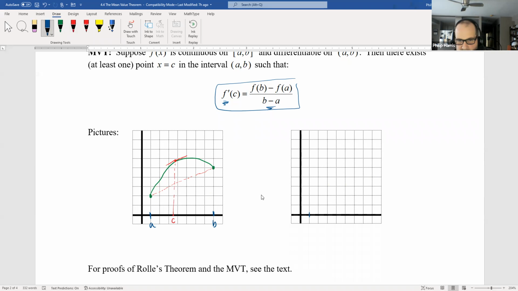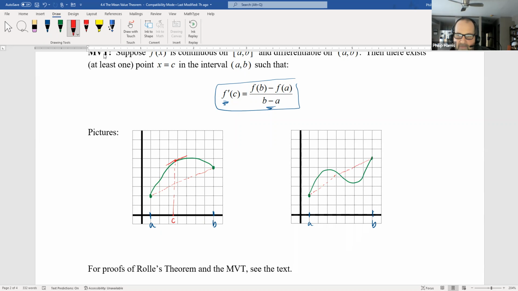Again, a slightly more generalized picture is that this can happen in more than one place. So we can start here and here. We could have a graph that does something like this. And the same theorem would still apply. This would be our secant slope or our average rate of change.